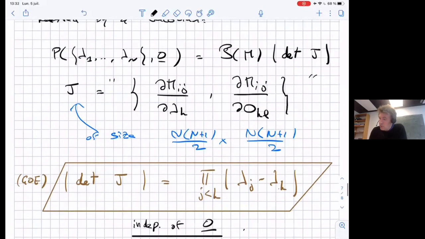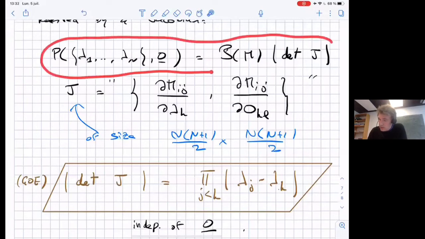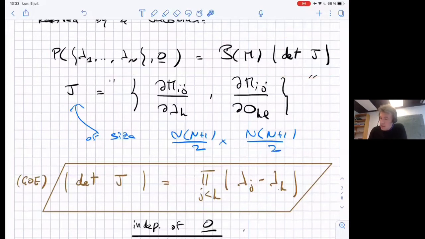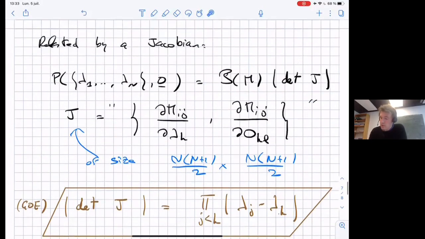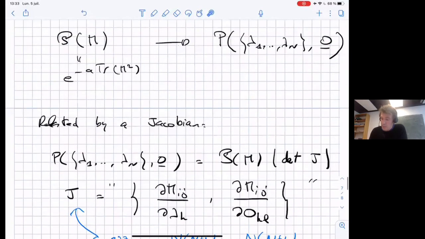If you look again at this distribution here, that tells you that the distribution of the lambda i's and O are completely decoupled, because P of M depends only on the lambda i's. In the case that we are studying here, P of M is just exponential of minus A trace M squared, and that's just exponential of minus A sum over the lambda i squared.